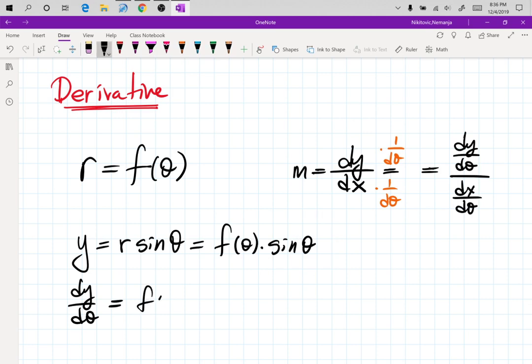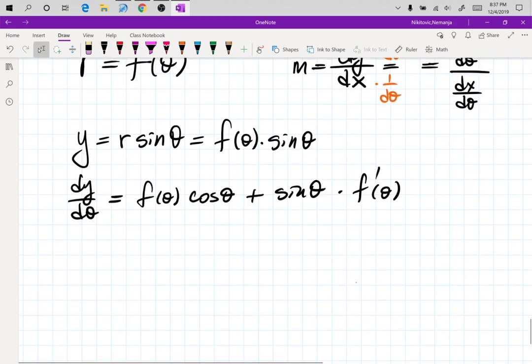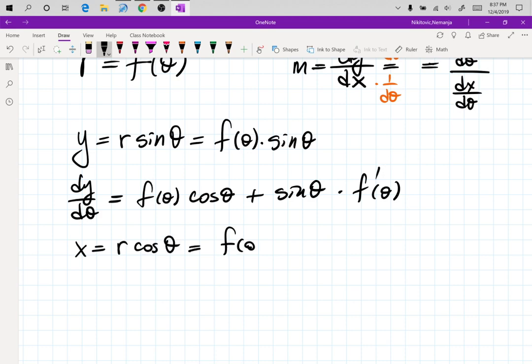Copy the first times derivative of the second plus copy the second times derivative of the first. Awesome. Rinse and repeat for x. X equals r cosine theta, which is f of theta times cosine theta.